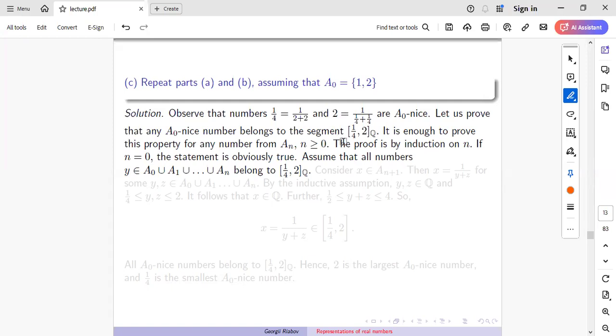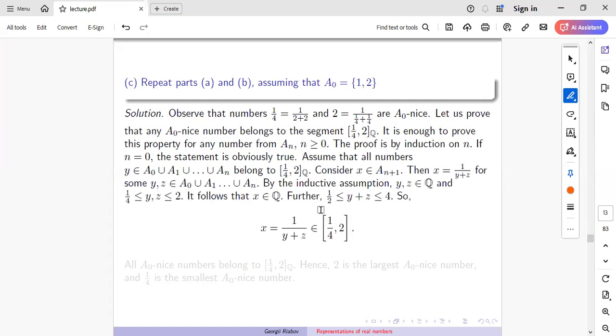For A0, the statement is true. Now assume that all numbers from A0, A1 to An are rational and belong to the segment 1 over 4 to 2. Take two such numbers, take their sum, and let x be 1 over y plus z.